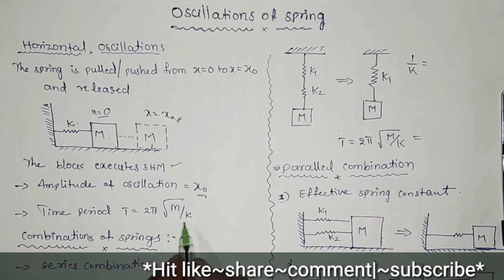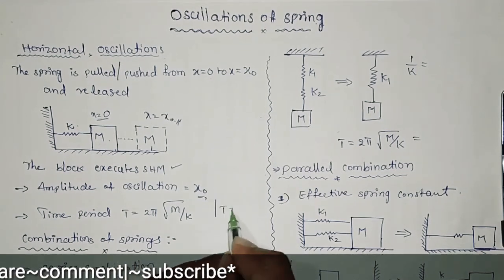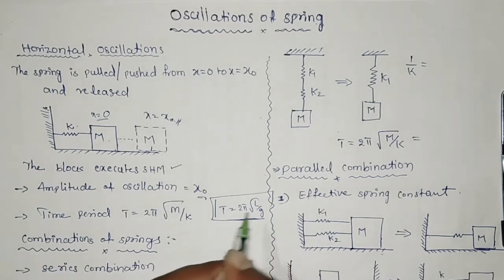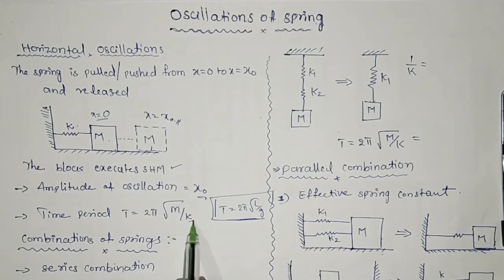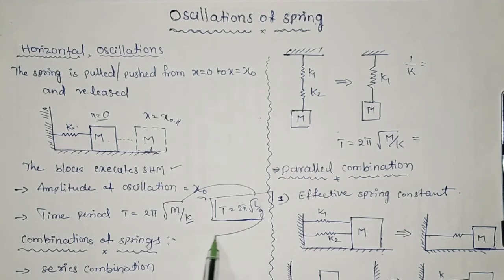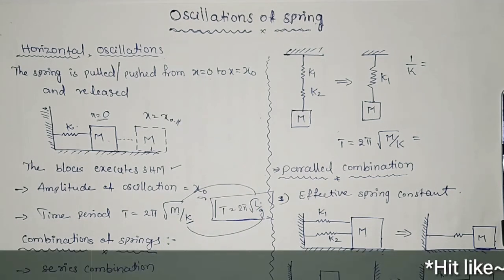Before, we discussed T = 2π√(L/g). Here there is a small change: k is the spring constant and m is the mass. Both are similar formulas: L by g, where g is constant, changes to m by k.